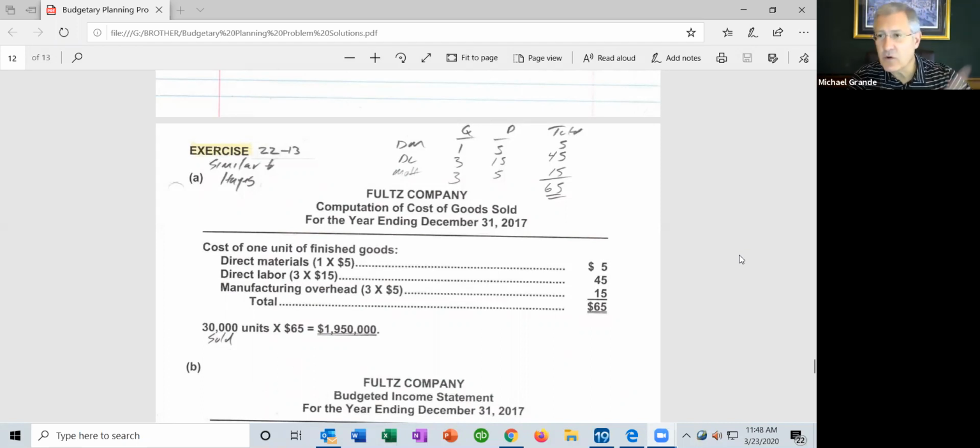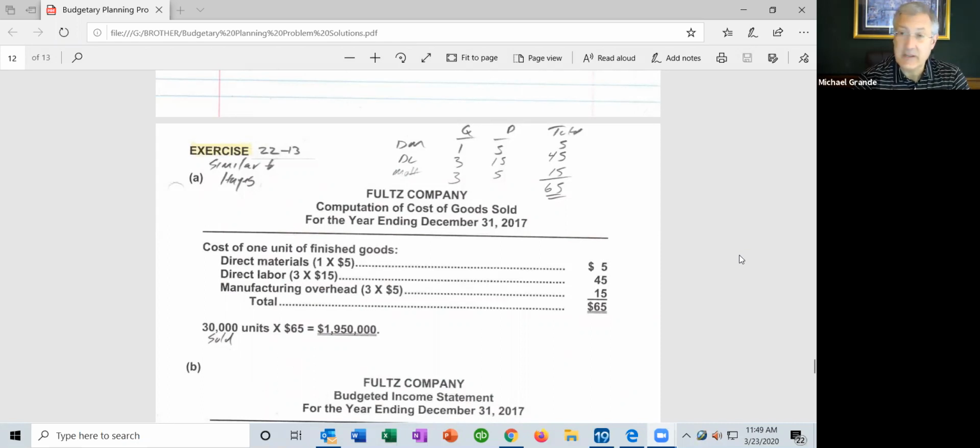Direct materials, quantity, 1 pound. Price, $5 per pound. Direct materials cost $5 per unit. Direct labor, it takes 3 hours, that's the quantity. The labor rate, the price, $15 an hour, $45 in direct labor cost. Manufacturing overhead is applied on the basis of direct labor hours. Number of hours, 3.